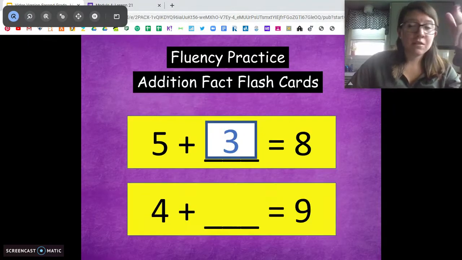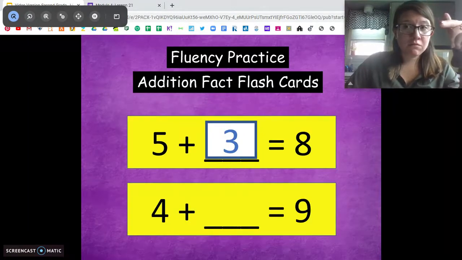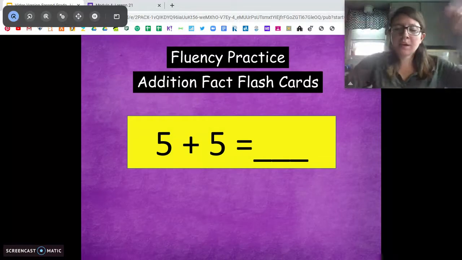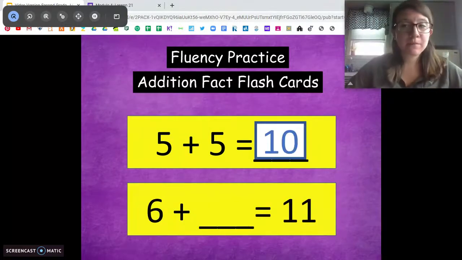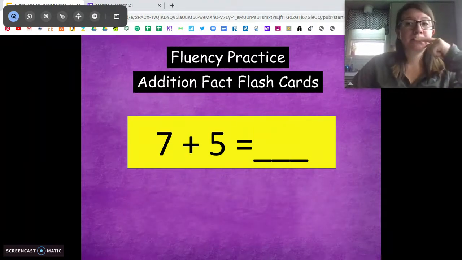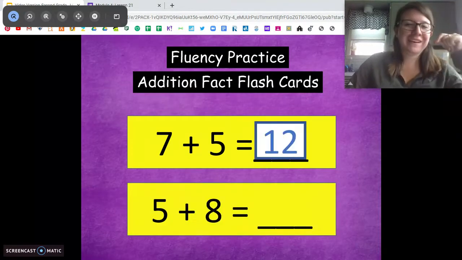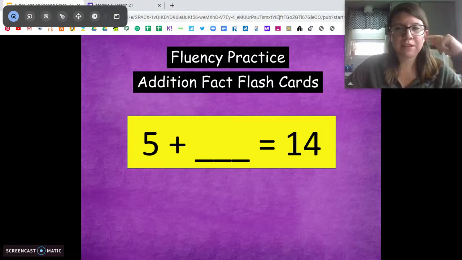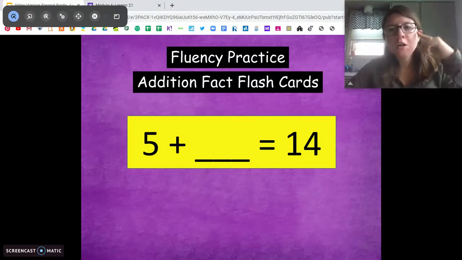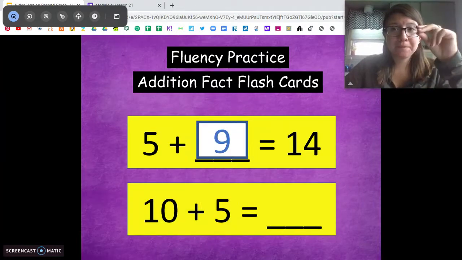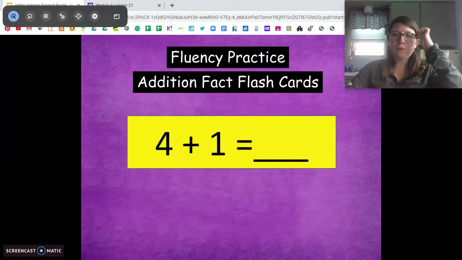good. Missing number again. Yeah, good job. Doubles. Yeah. Missing number again. Oh, lots of missing numbers today. Good. Nice. Good job. Missing number. Got this. Good job. Nice. All right, now we're doing our force facts. Here we go.